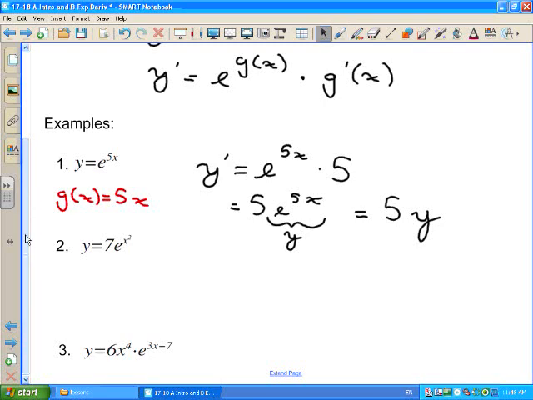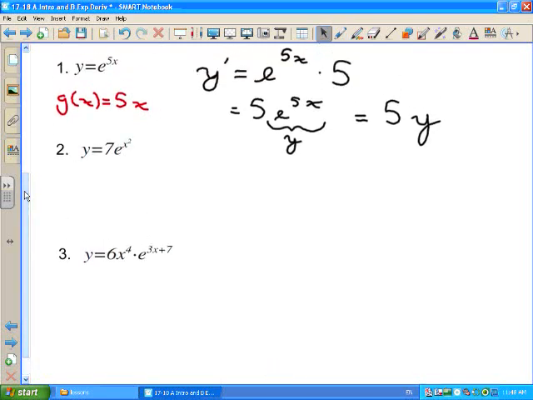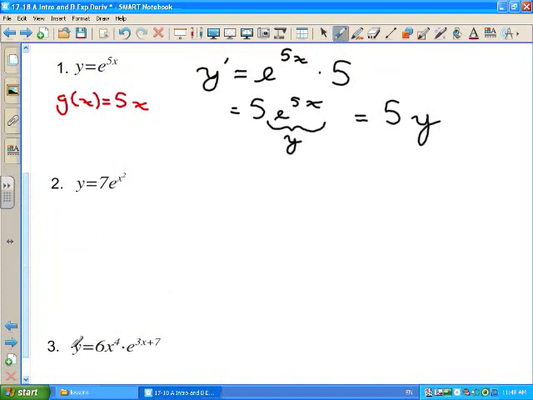All right, so let's look at the next example here. Give myself a bit more room. All right, our next function here is y equals 7e to the x squared. Again, we're going to be using chain rule. Our inner function, g of x, is what's up there in the exponent, x squared.